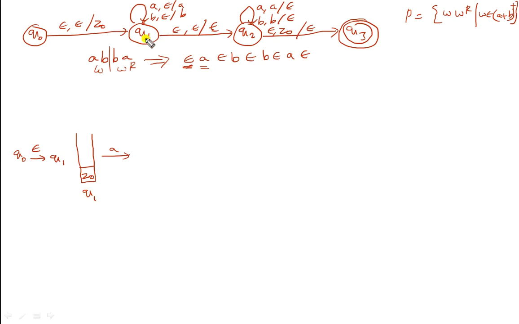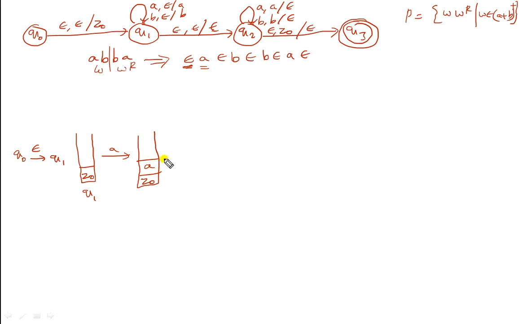So Q1 on A, what is the resultant state? Pop nothing, push A. Okay. So now what is the status of the stack? Z0 will be as usual, and the top of the stack will be A.